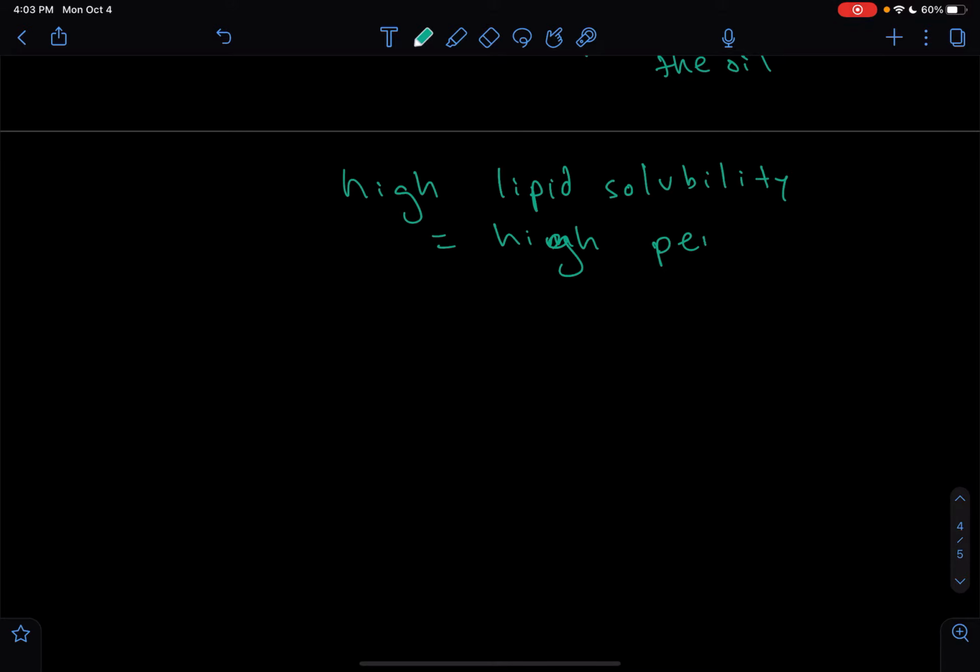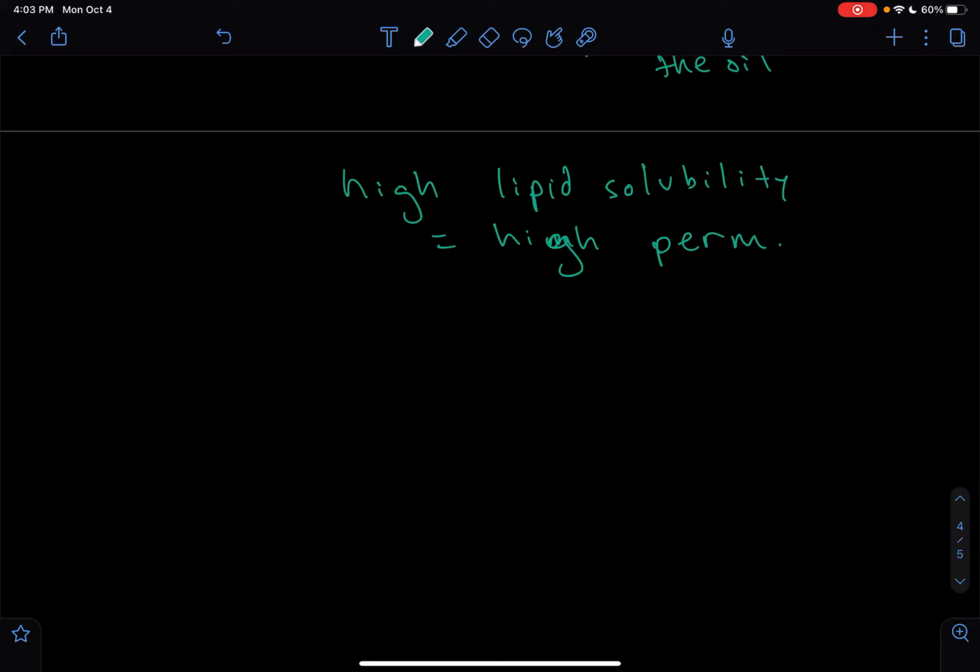So that's really that rule. High lipid solubility equals high membrane permeability, or just high permeability.